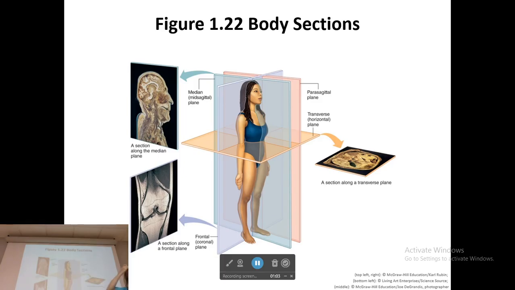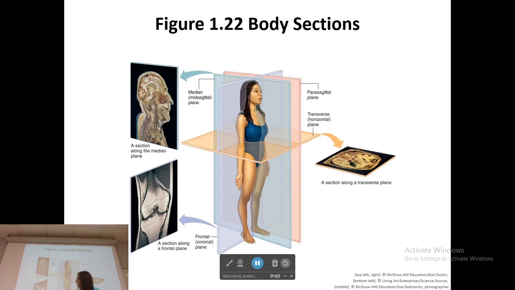Here's a diagram. You have this in your lab book as well, and it shows these different sections. So here's a mid-sagittal section where you can see that it cuts right down the middle of the brain and inside of the cavities of the skull.